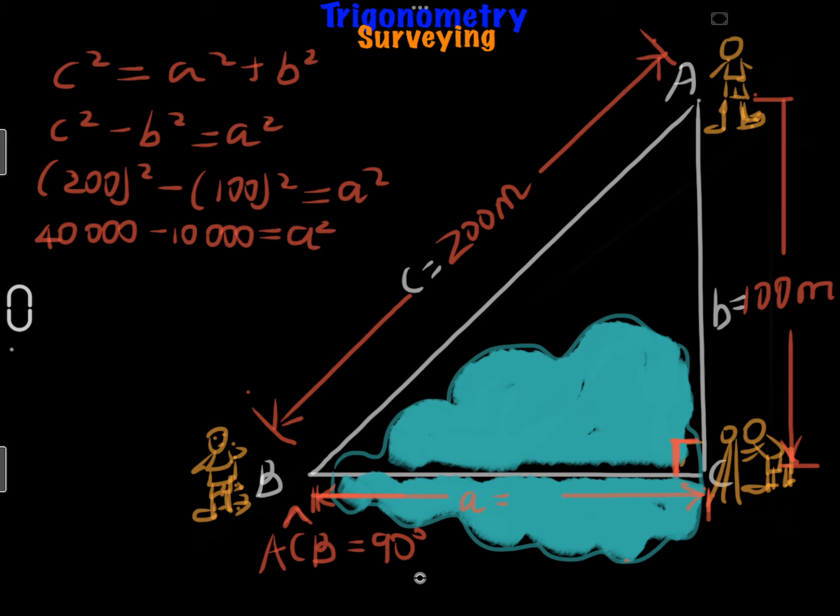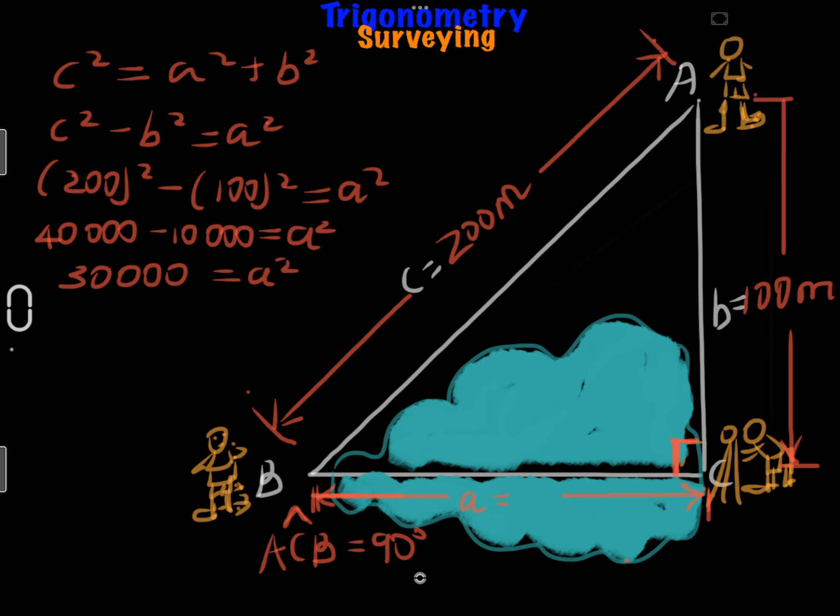Now we are almost done, so we just simply subtract 100 squared from 200 squared. So when you subtract that, you get 30,000 essentially.